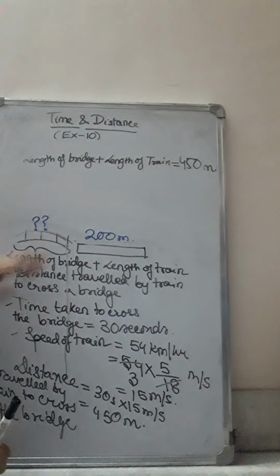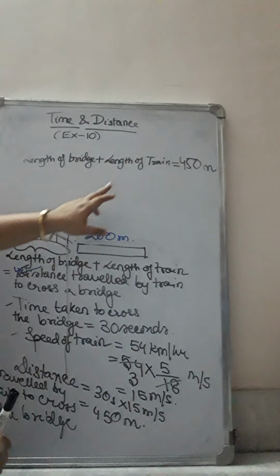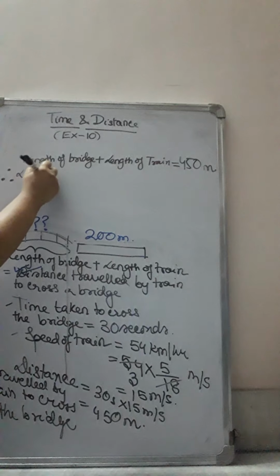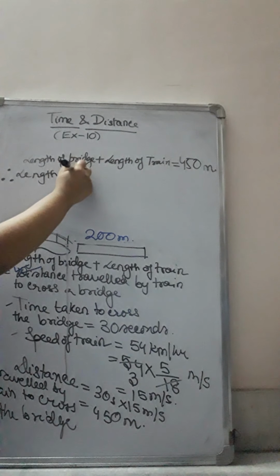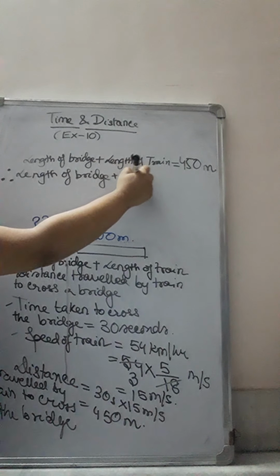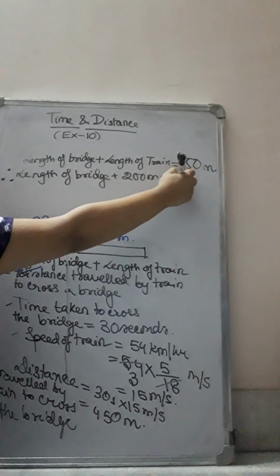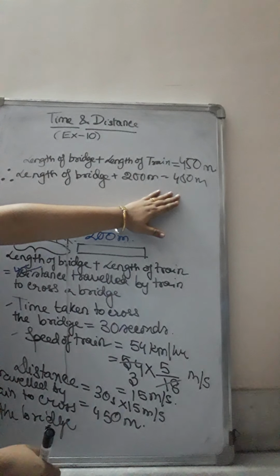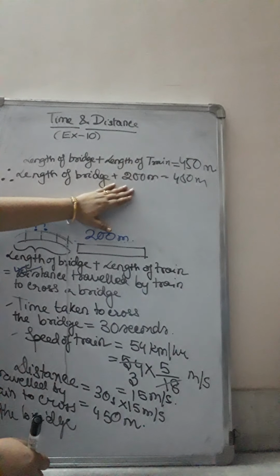One more piece of information is given: the length of the train is 200 meters. Therefore, to find only the length of the bridge, you know the total distance and you know the length of the train.